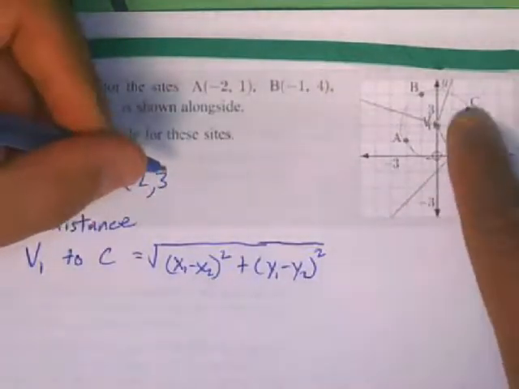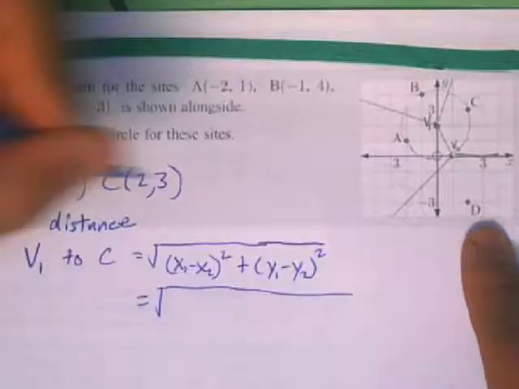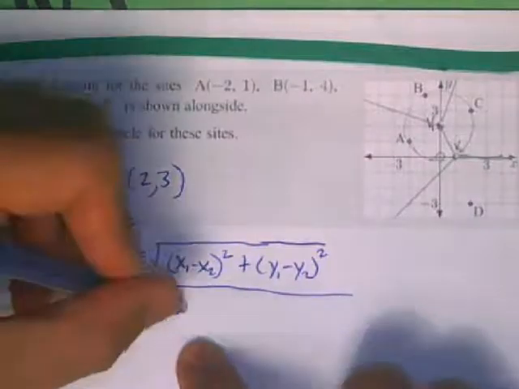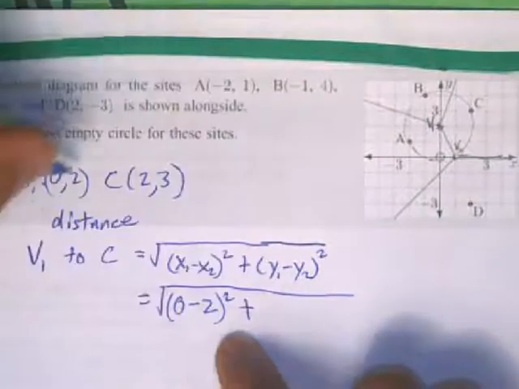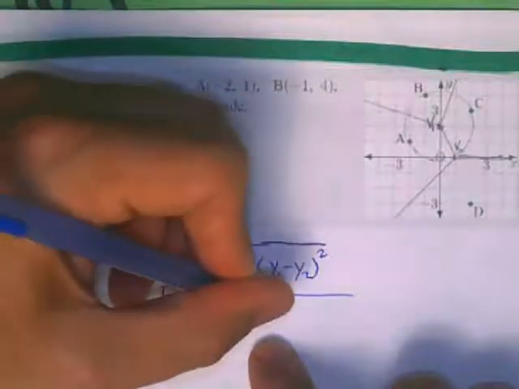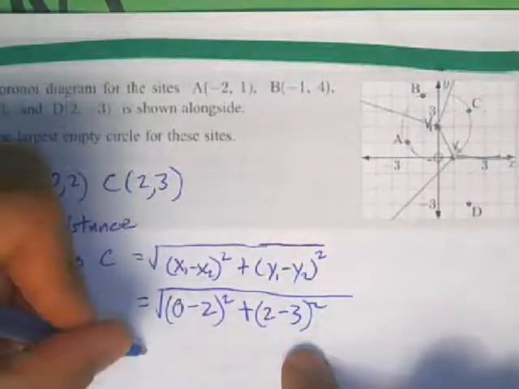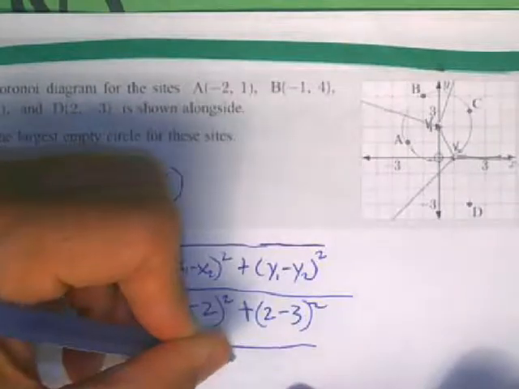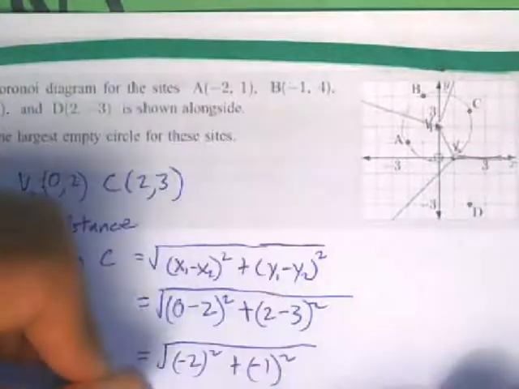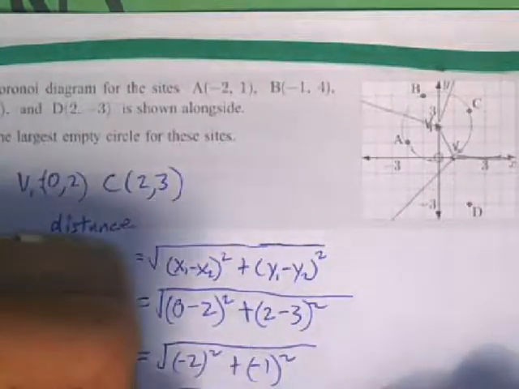Over 2, up 3. So x1, 0, minus 2, and 2 minus 3. All right, so we end up with negative 2 squared plus negative 1 squared, which is 4 plus 1, so the square root of 5.